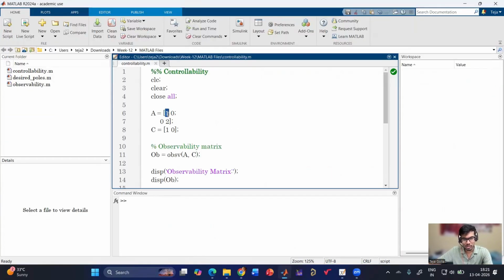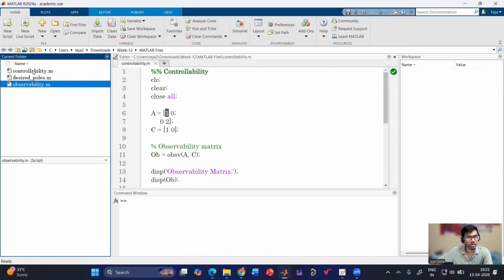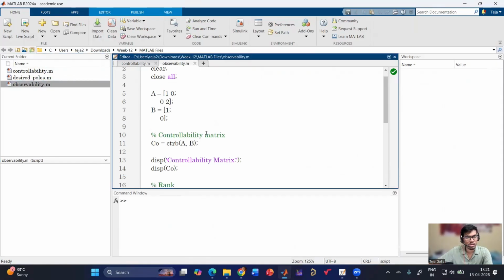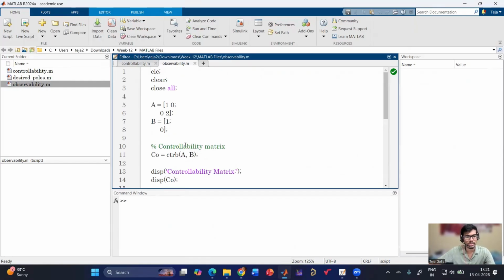So it is, so this is observability. Okay, this is controllability. I think I have messed it up.